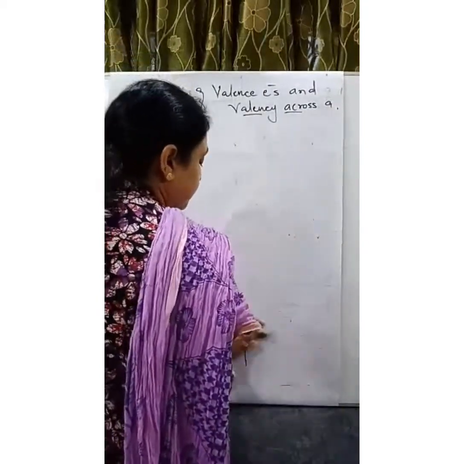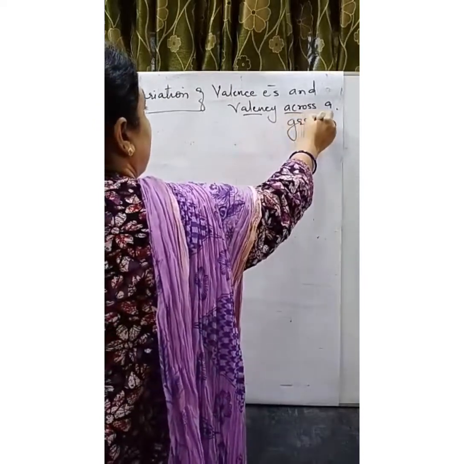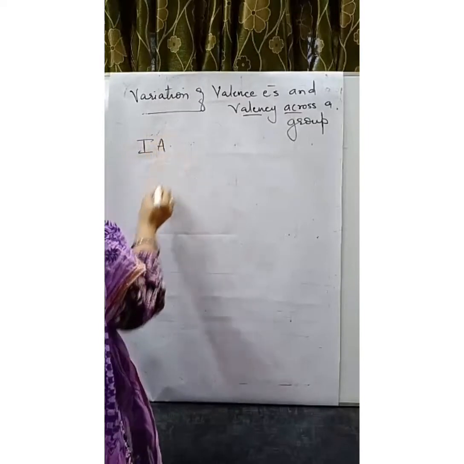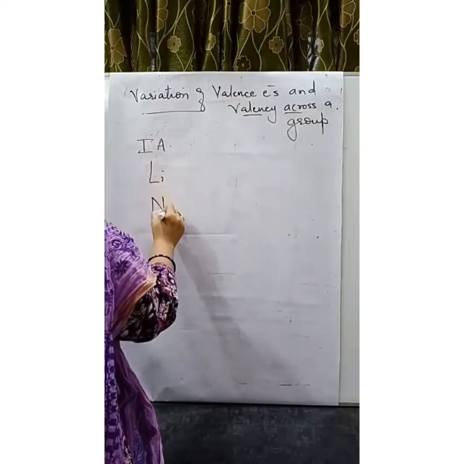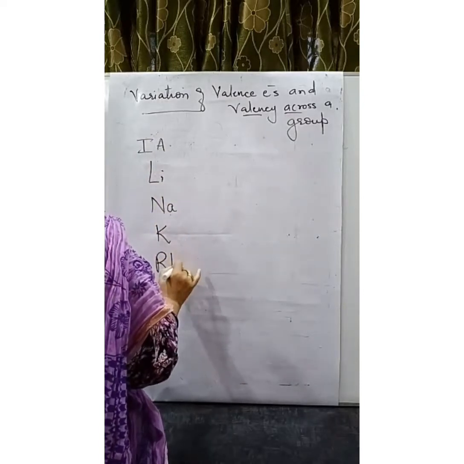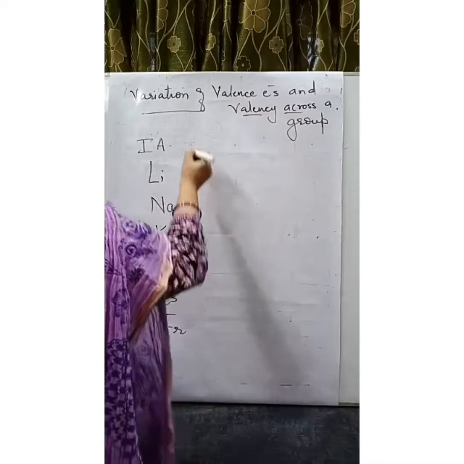So for that purpose, let us take the example of group 1A, that is alkali metals: lithium, sodium, potassium, rubidium, cesium and francium.